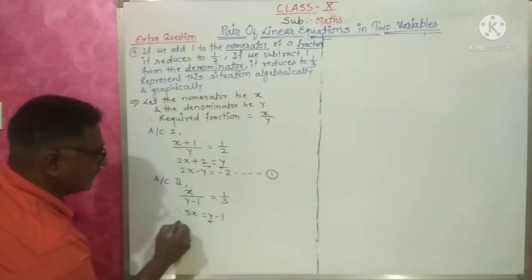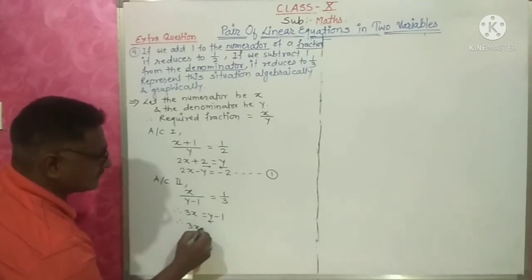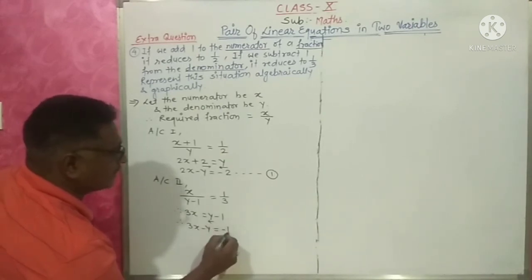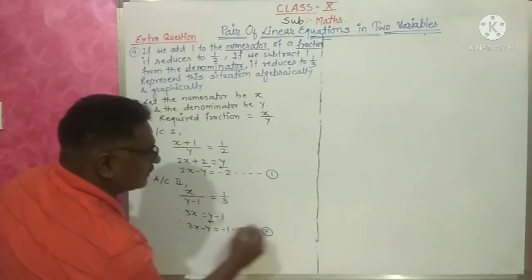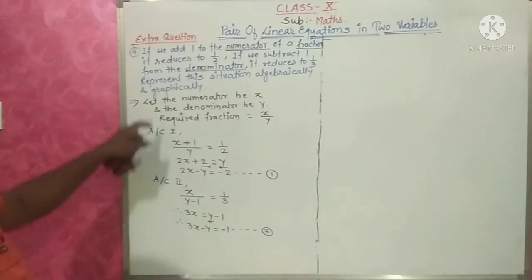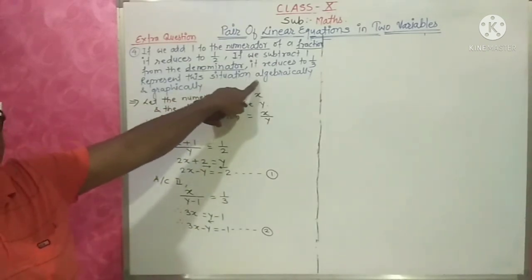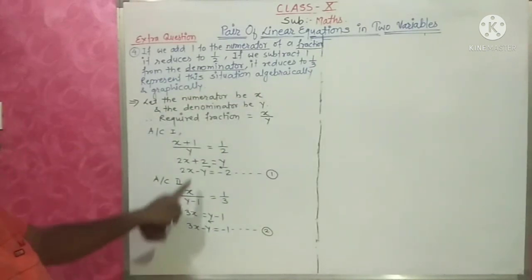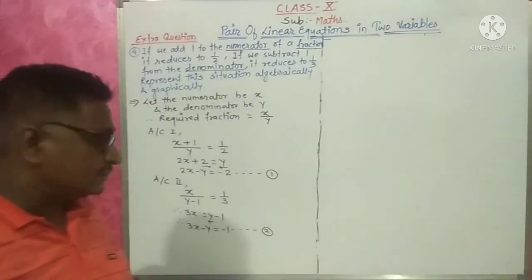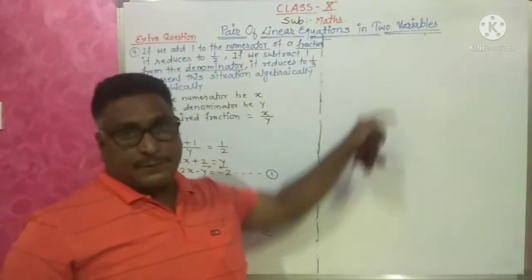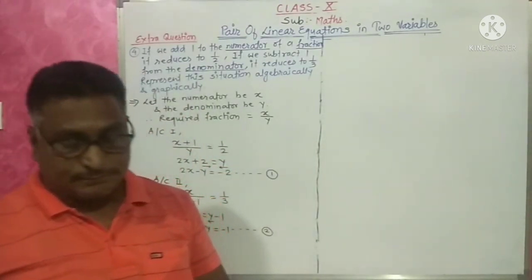So transfer y. 3x minus y equals minus 1. Equation 2. So this we represent algebraically.